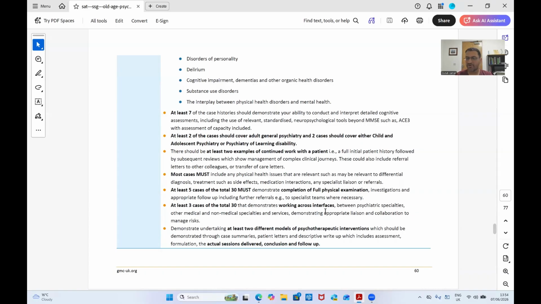Say you are in a memory clinic, or you've seen a patient in CMHT where you suspect there are significant signs of cognitive impairment, and you want to go for a radiological investigation. You're writing a referral to the radiologist that you would like an MRI or PET scan done.